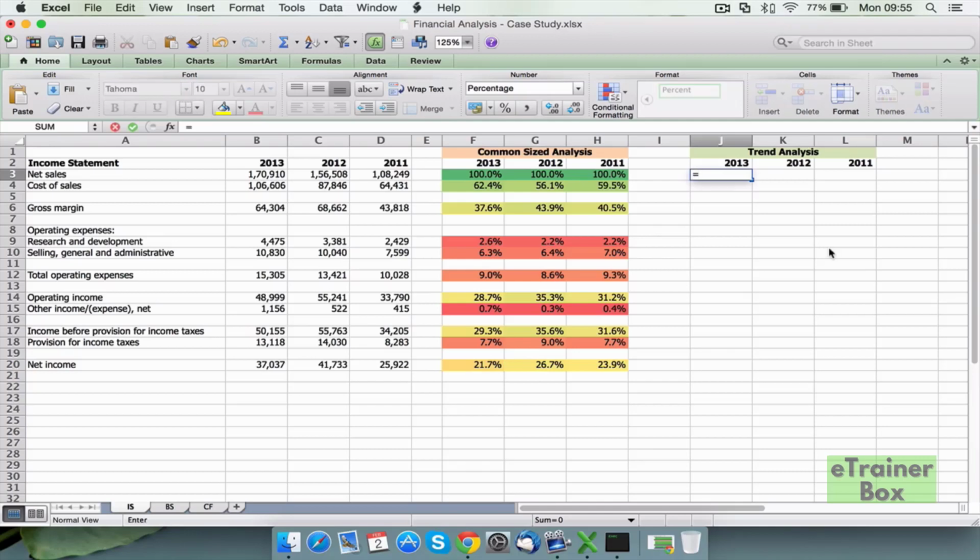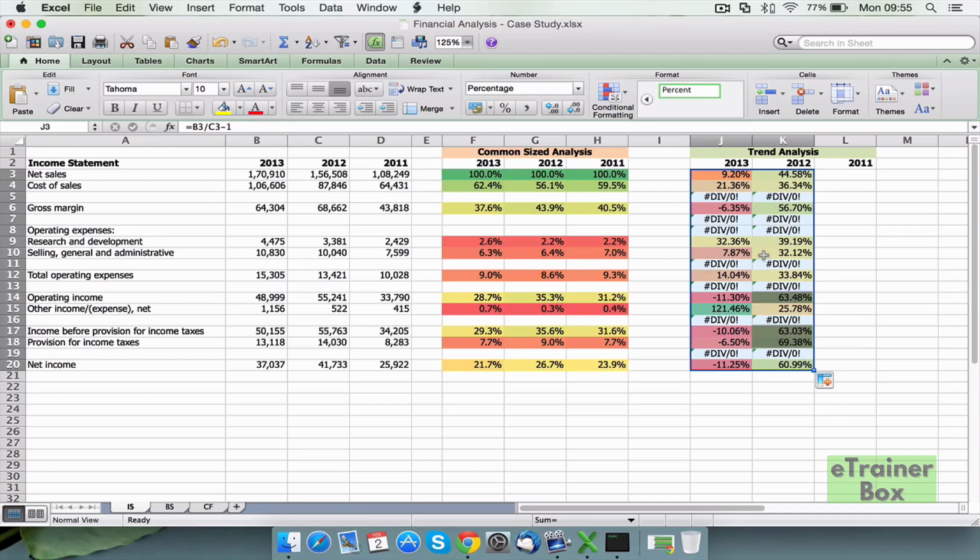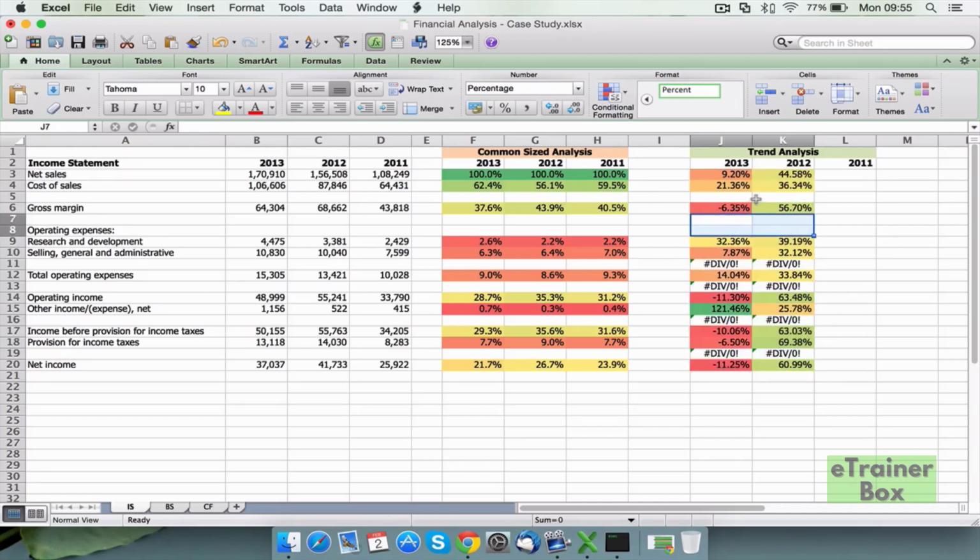So the formula is current year divided by previous year minus 1. And I'm going to drag and drop that for all the cells. Delete the zeros.